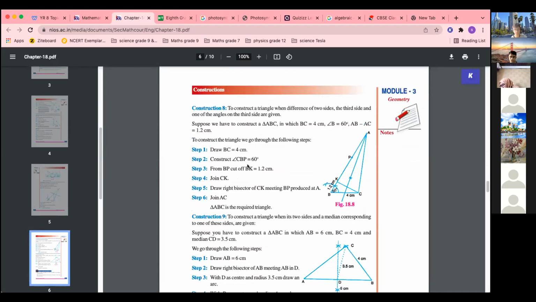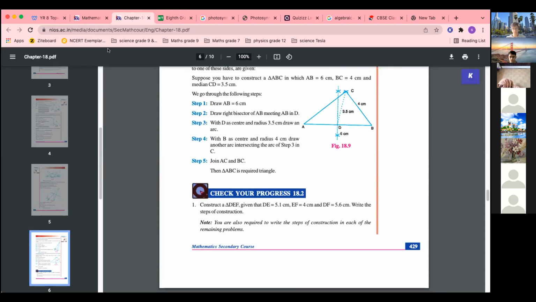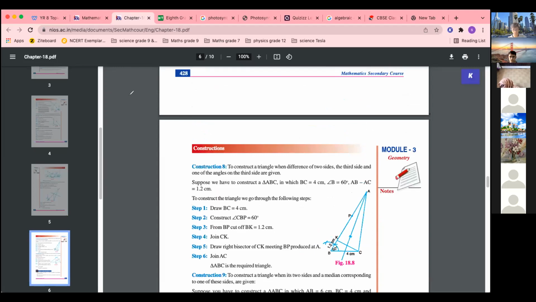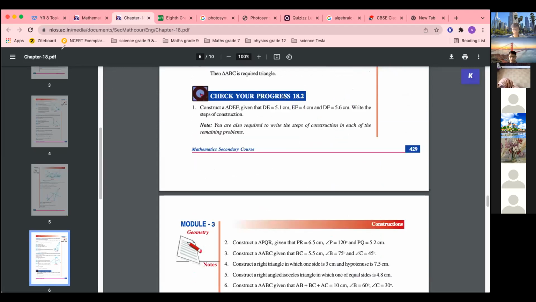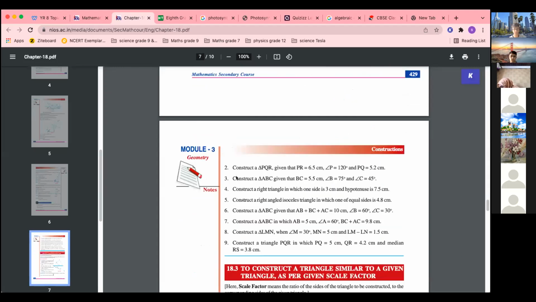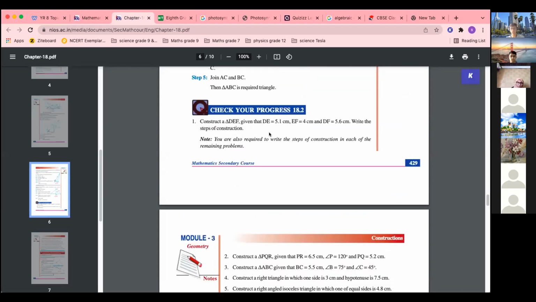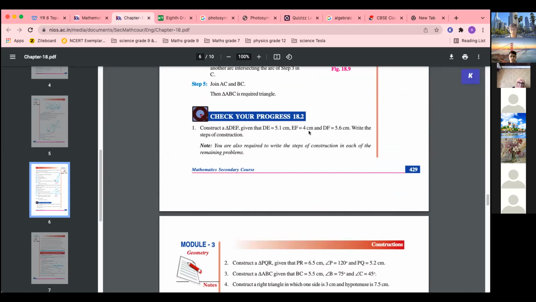Before that, let us do some questions. I'm going to ask how you will draw. Construct a triangle DEF given that DE is equal to 5.1, EF is equal to 4 centimeter. So I'm just drawing the rough diagram over here and you will tell me what should be the first step.